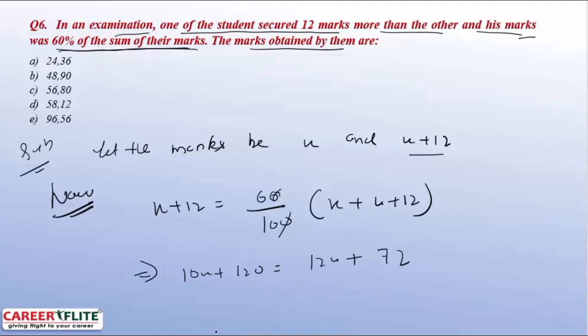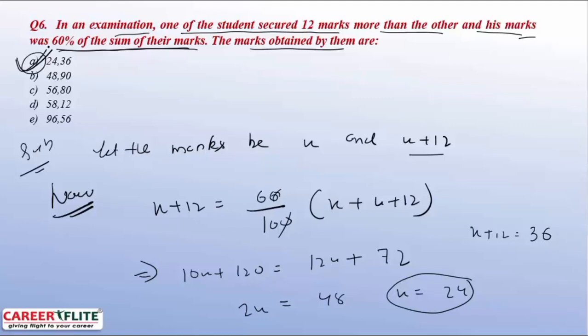If you solve, we'll get 2x equal to 48. Solving for x, we'll get x as 24. If one student gets 24, the other student will get 12 marks more than him, that is x plus 12, that is 36. So the correct answer will be 24 and 36, that is option number A.